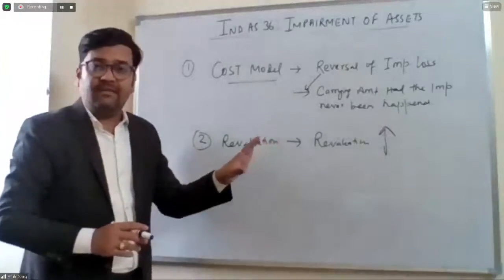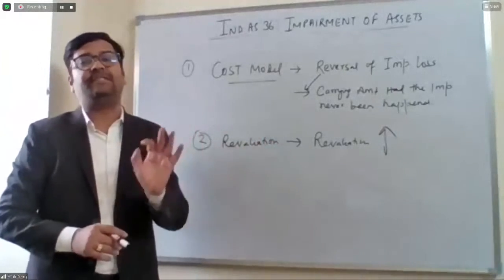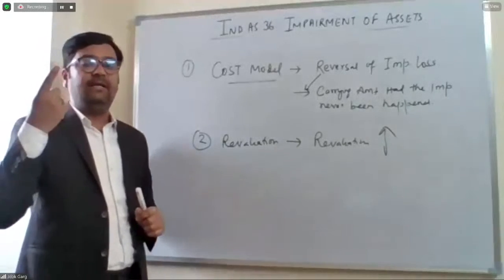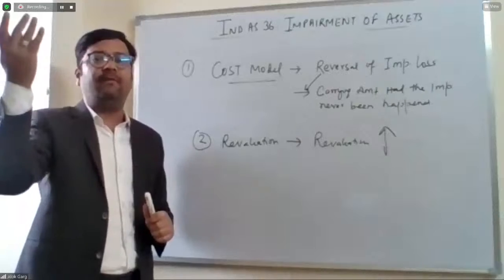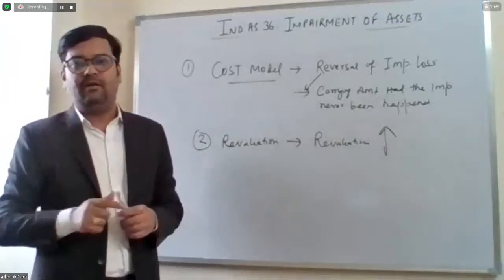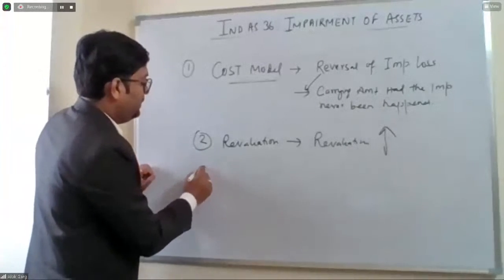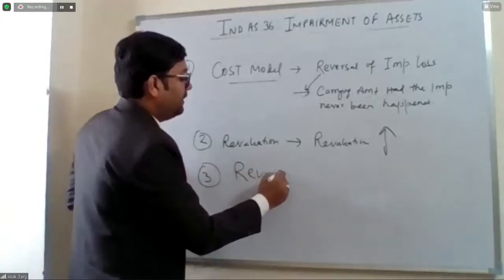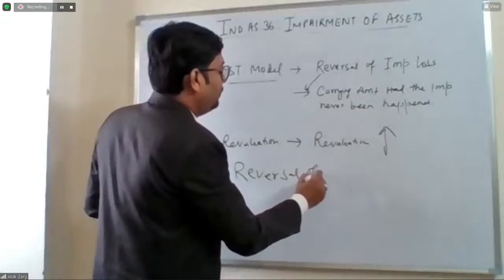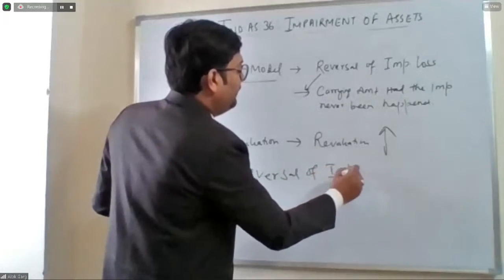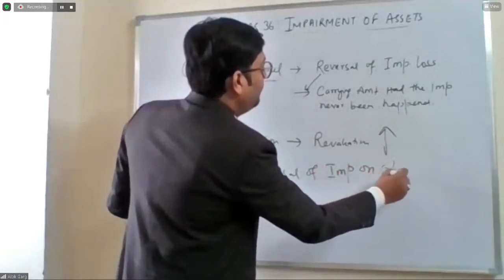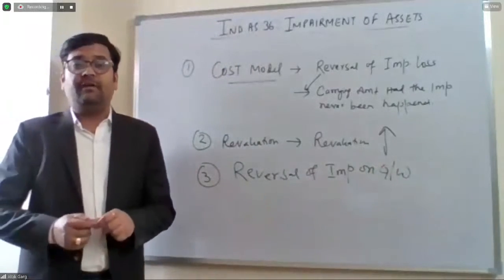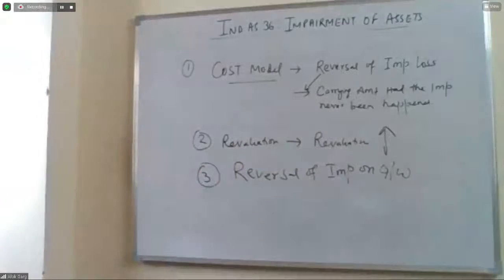Great. So in case of a revaluation model, it has to be treated as a revaluation increase, and it will go to OCI to the extent of the amount over and above what was charged to P&L. Third, whether reversal of impairment on goodwill is allowed.